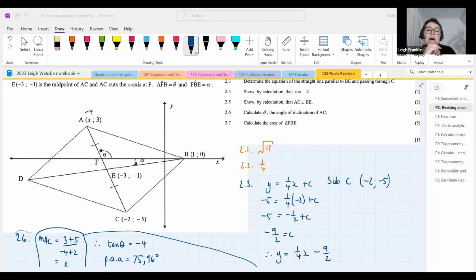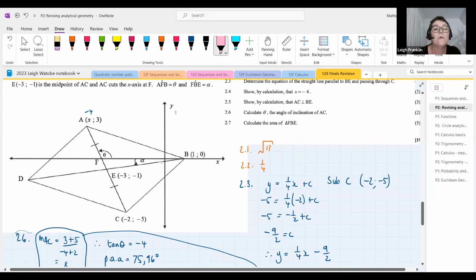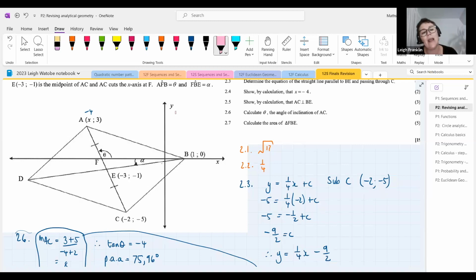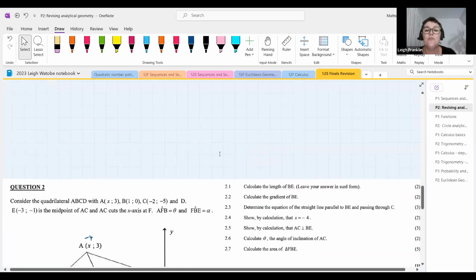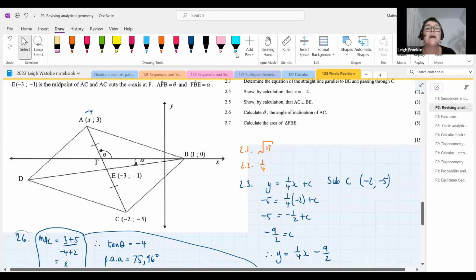But I think that I would probably stay away from that and rather just do half base times height. Okay. That being said, you don't have to. You can use the area rule if you want to, but then it means you need to know the size of angle alpha as well.